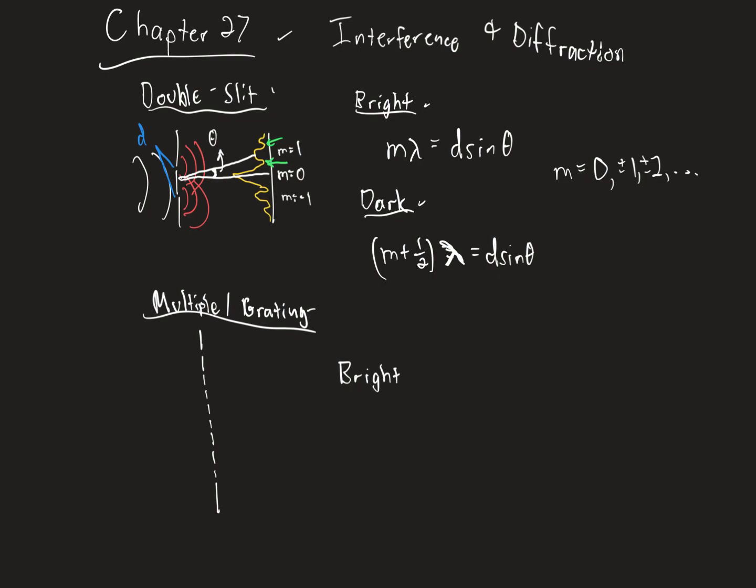You can't get the dark spots. But you predict the bright spots with the same equation. m lambda equals d sine of theta. m again here is 0, plus or minus 1, plus or minus 2. And d is, again, slit separation. But you have a whole bunch of slits here.